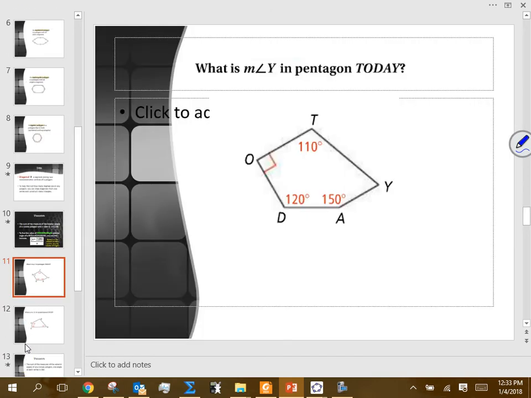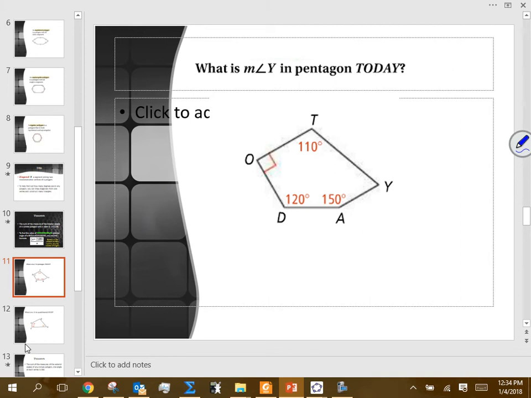So here's just an example. This is probably some of the easier questions you saw from last night if you started that assignment. Here we've got a pentagon. We have five angles, five sides. How many degrees should there be in a pentagon? 540. You have four of those angles up there.